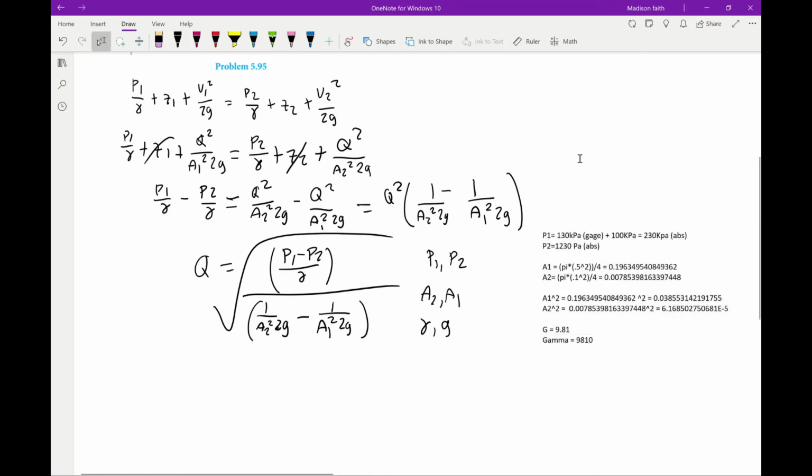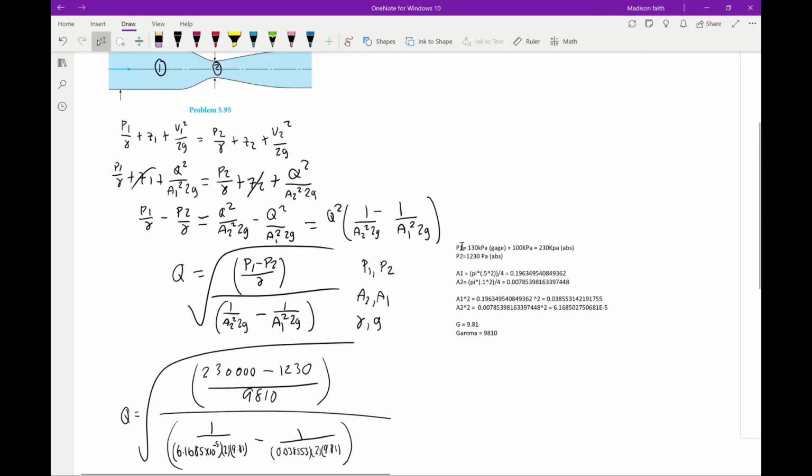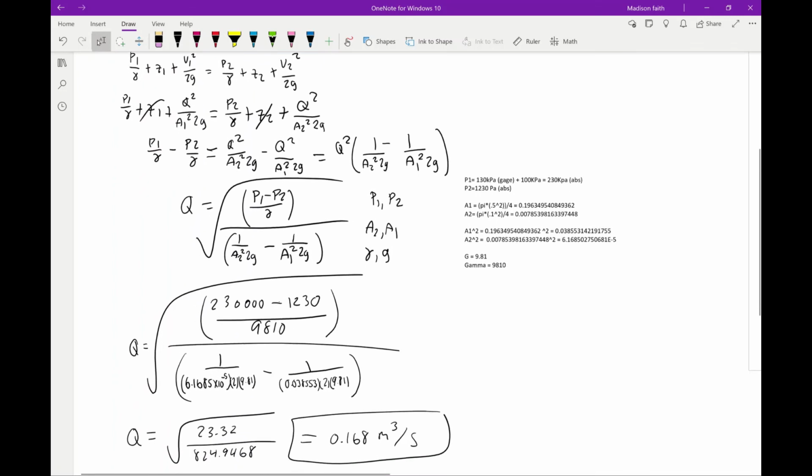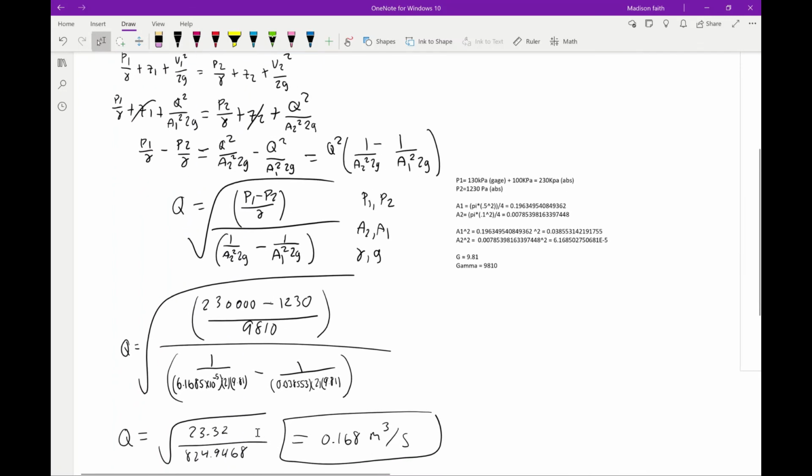We simply just plug in now. Okay, so after plugging in all these numbers that we have, we get this equation. After simplifying that, we get the square root of 23.32 over 824.9468. And after solving that, we get Q equals 0.168 meters cubed per second.